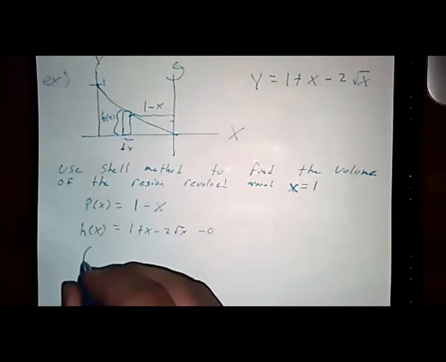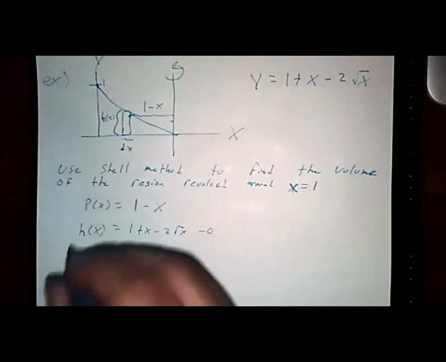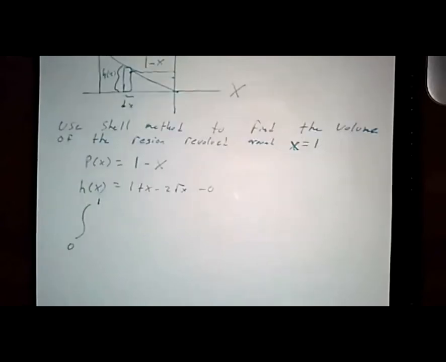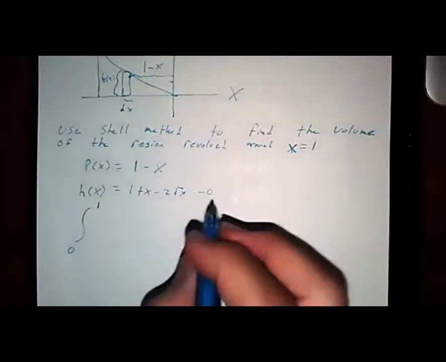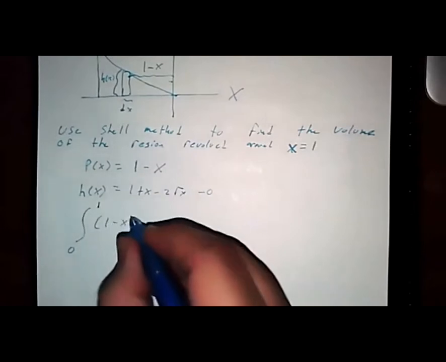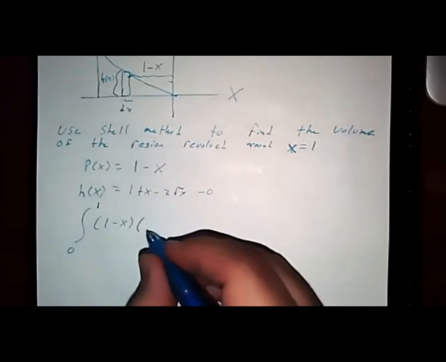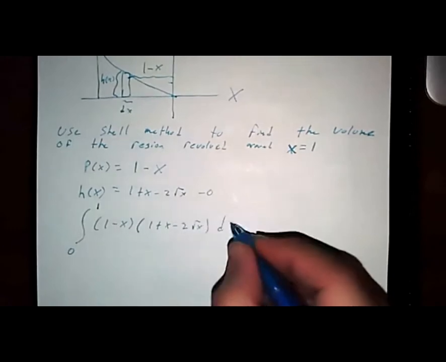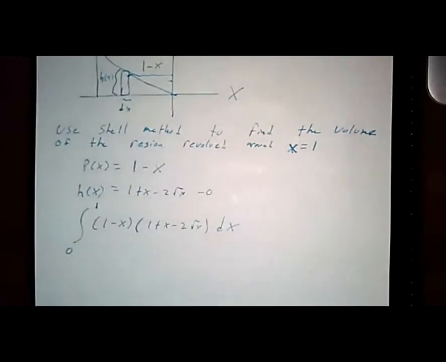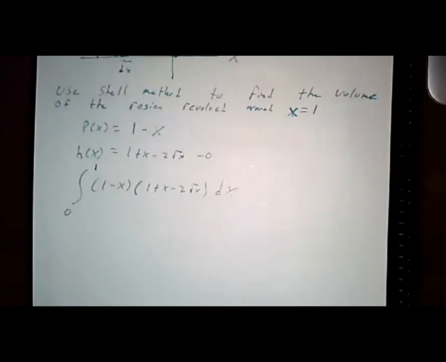And I'm going to integrate on dx from 0 to 1. That's where the rotation cuts it off. So it'll be 1 minus x times 1 plus x minus 2 root x dx. Does that setup make sense?